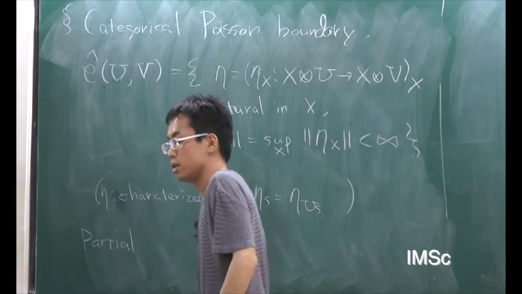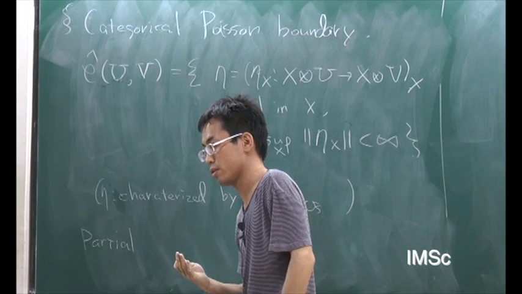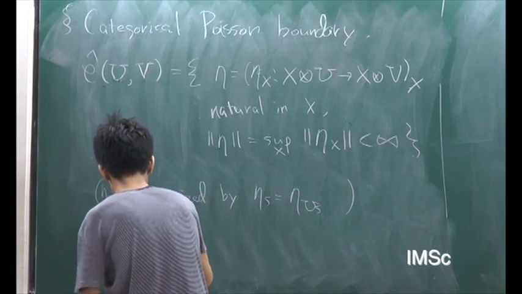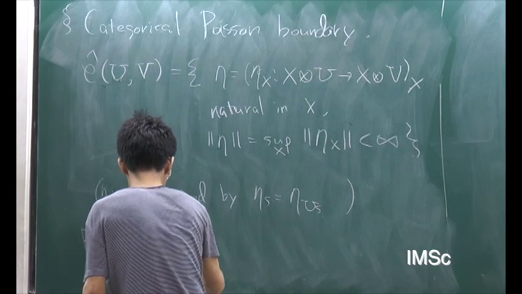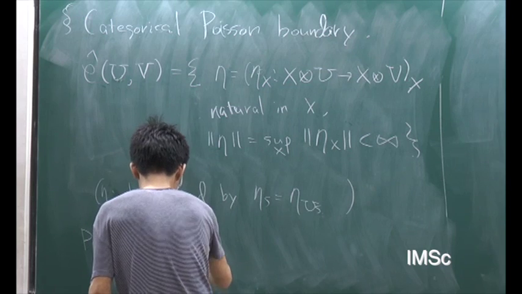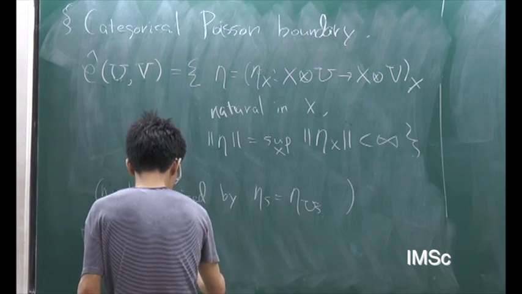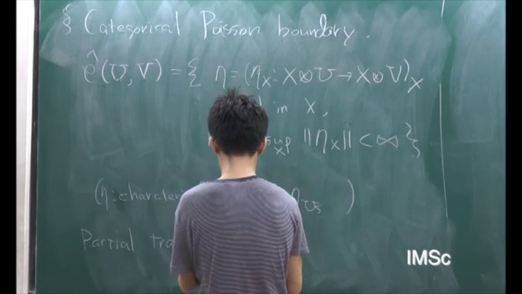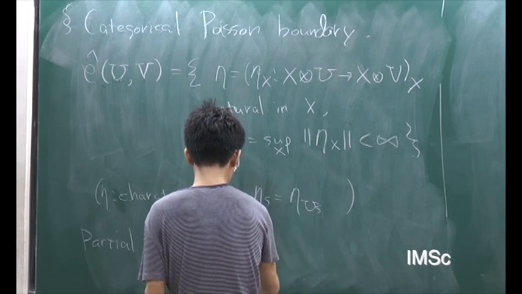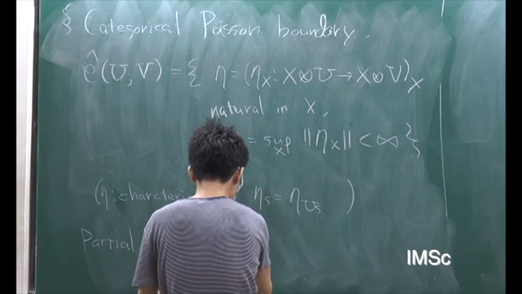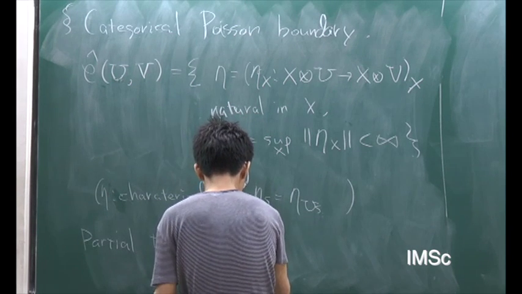So to do it, we need to define the transition function. And the transition function looks like this, a partial trace. So first of all, maybe I should go to the normalized trace.